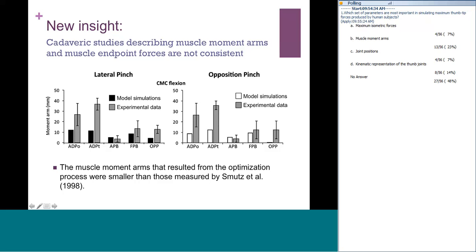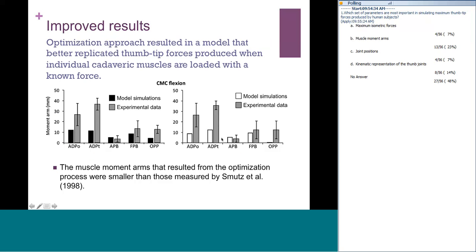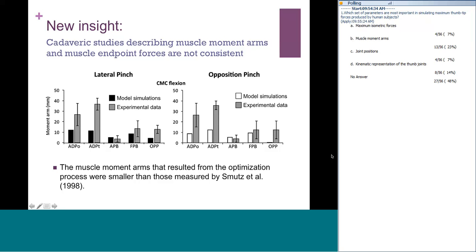And then the black are the model simulations that result from our optimization process, the moment arms that correspond to these endpoint forces. Although I'm just showing you 1 degree of freedom, what you can see here is that there's a trend for these moment arms to be much smaller than were measured experimentally.